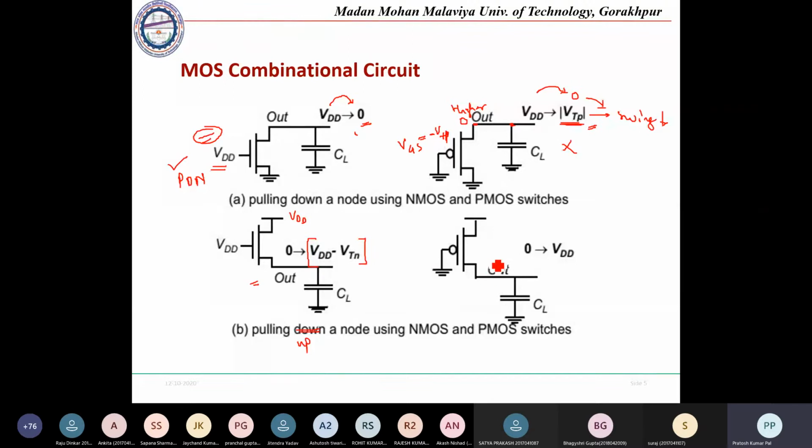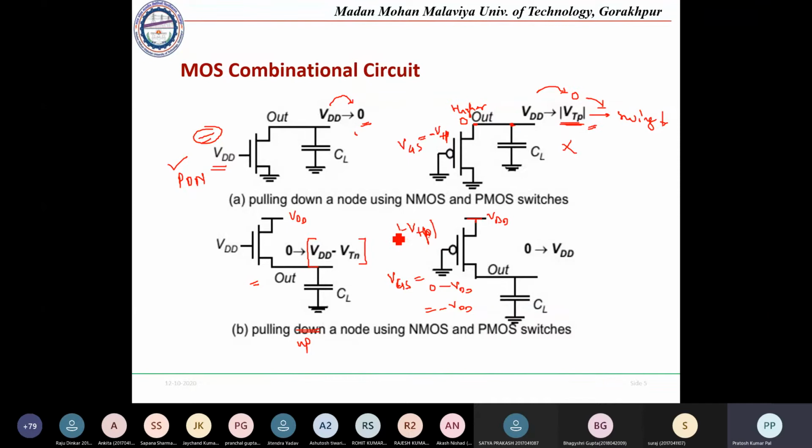But in case of PMOS transistors, if a PMOS transistor is used to make the output terminal a high voltage, at that time, the gate voltage will be connected to zero voltage. If VDD is at the source, then VGS is equal to 0 minus VDD.